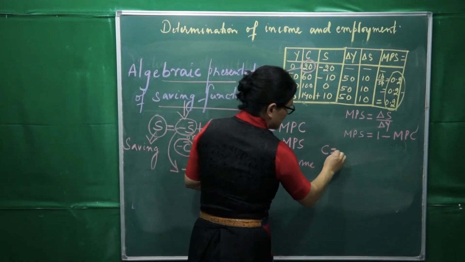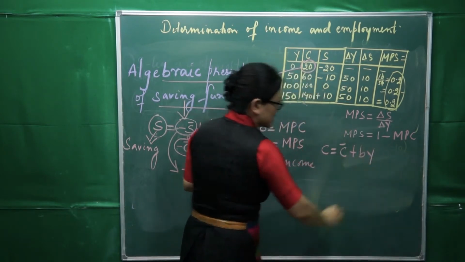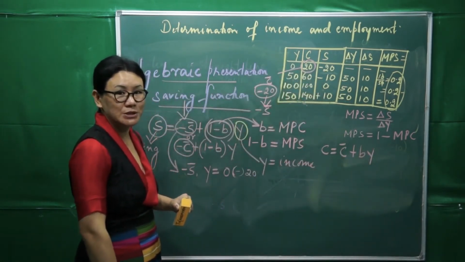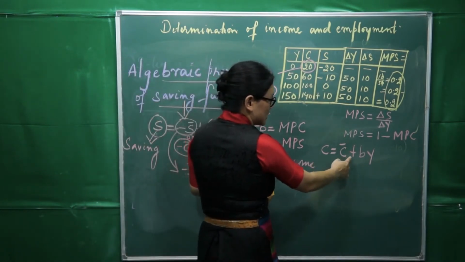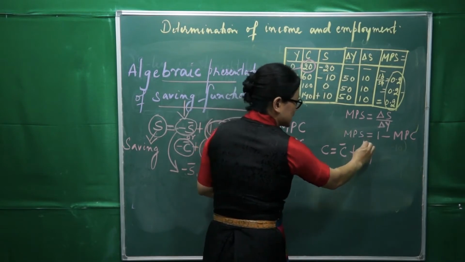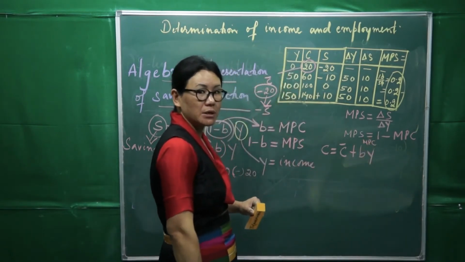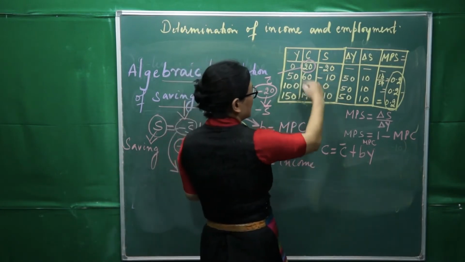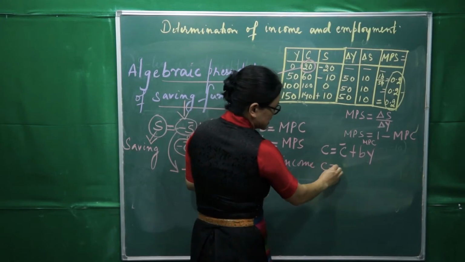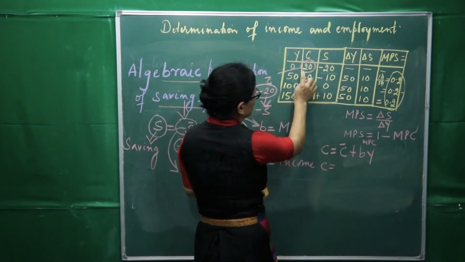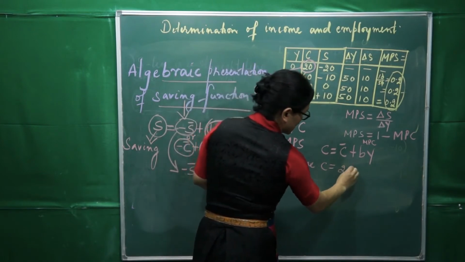See here, C is equal to C bar plus bY. This is the consumption function equation, right? So this is autonomous consumption, plus this b is MPC, and Y is income here. Now using this table, see here. C is consumption. C bar is this one, that is autonomous consumption, which is 20.